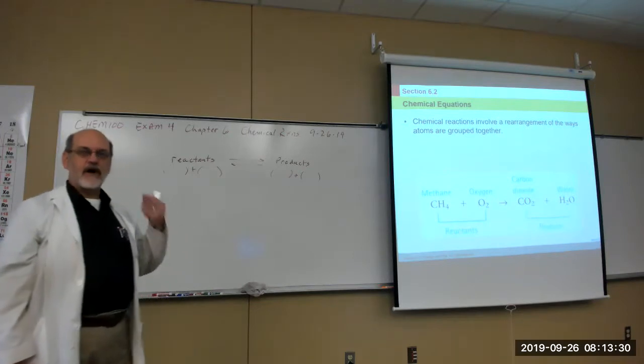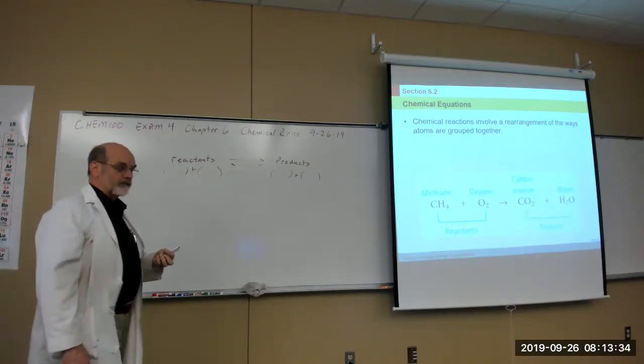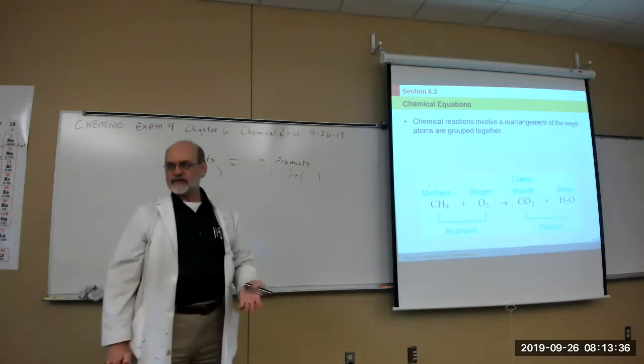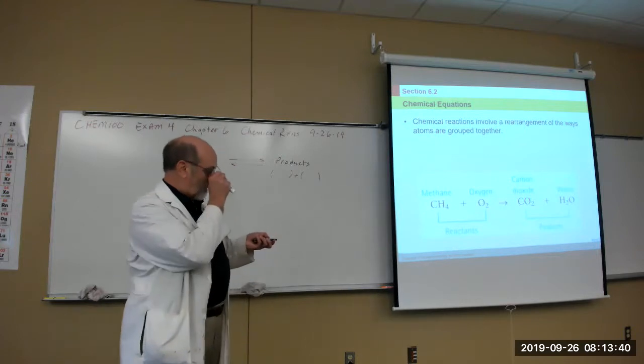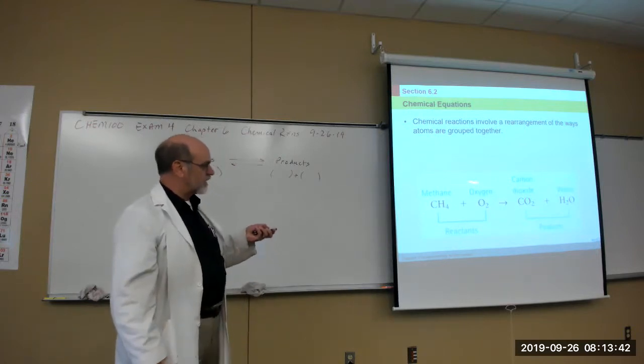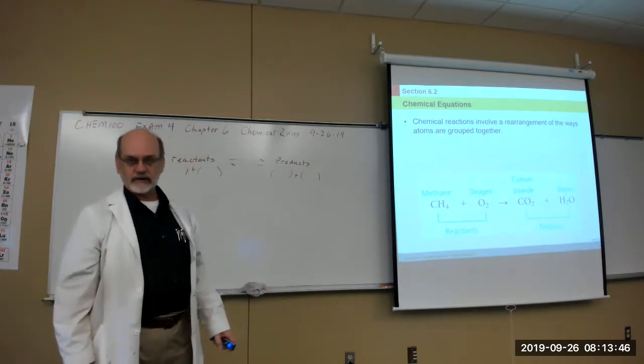But it has to be on both sides. And this is leading up to conservation of mass, the law that says that the mass of everything that goes in has to equal the mass of everything that comes out as a product.